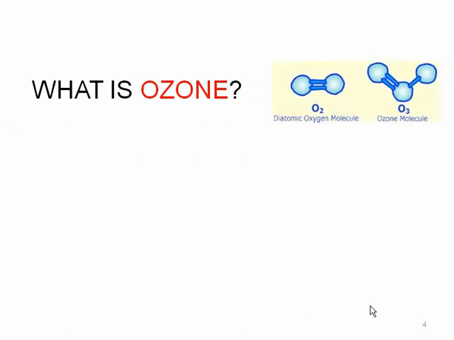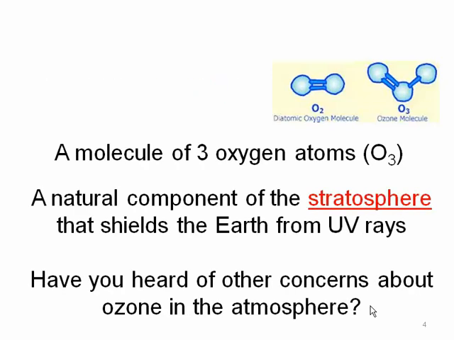To start off with, we need to consider what ozone is. You may have heard of it, but to understand its properties is important in terms of being able to know why its disappearance is of concern. You should be familiar with oxygen in the breathable form, O2, two atoms of oxygen bonded together, and ozone is a variant.